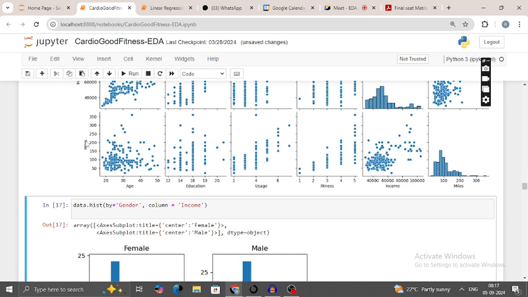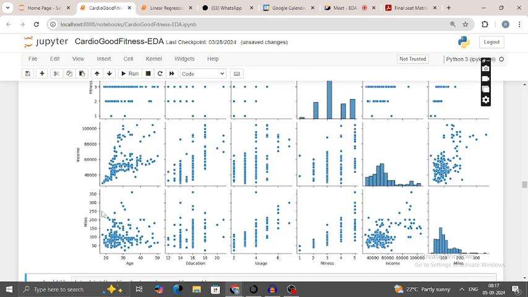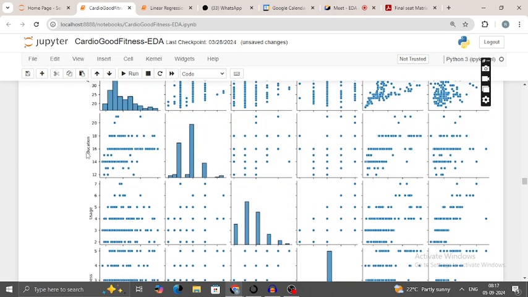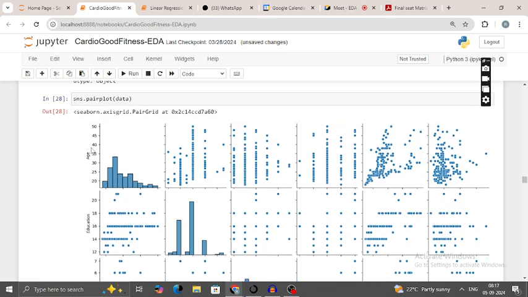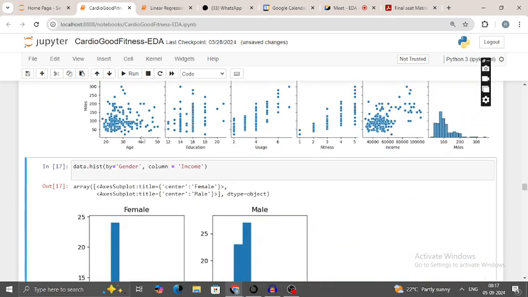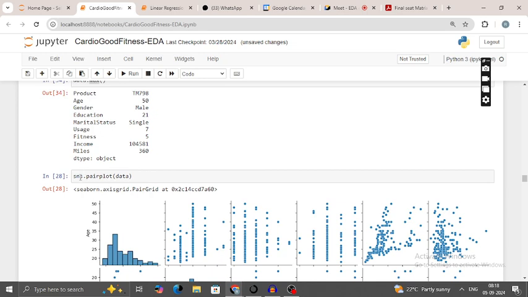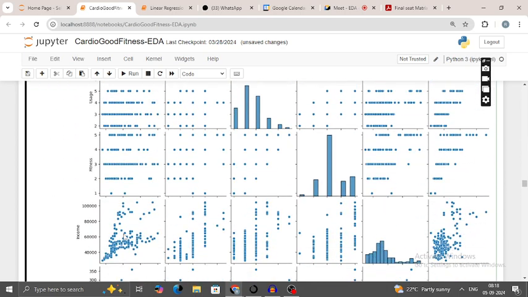Look at this: age versus miles, education versus miles, usage versus miles. Miles is a number, income is a number, fitness is a number, usage is a number, education is given in number, age is given in number. Number versus number, all numerical values. Keep remembering, whenever you plot the pair plot, all the numerical values will be plotted.